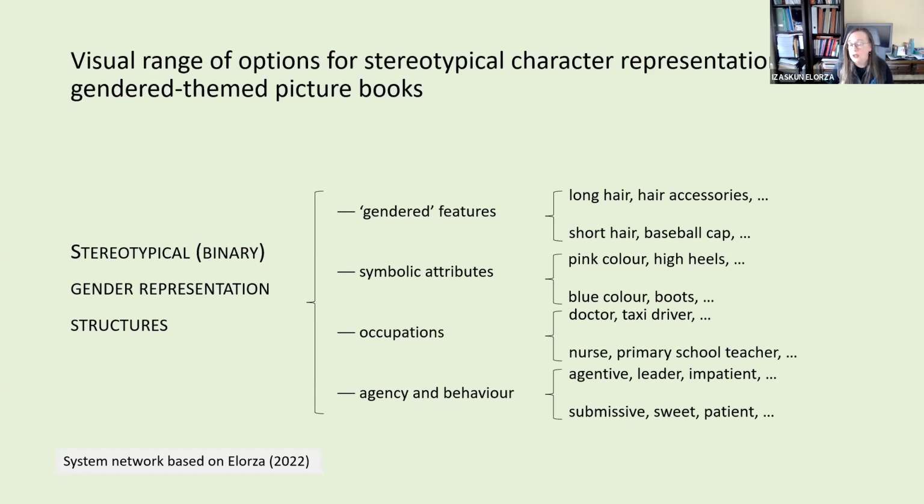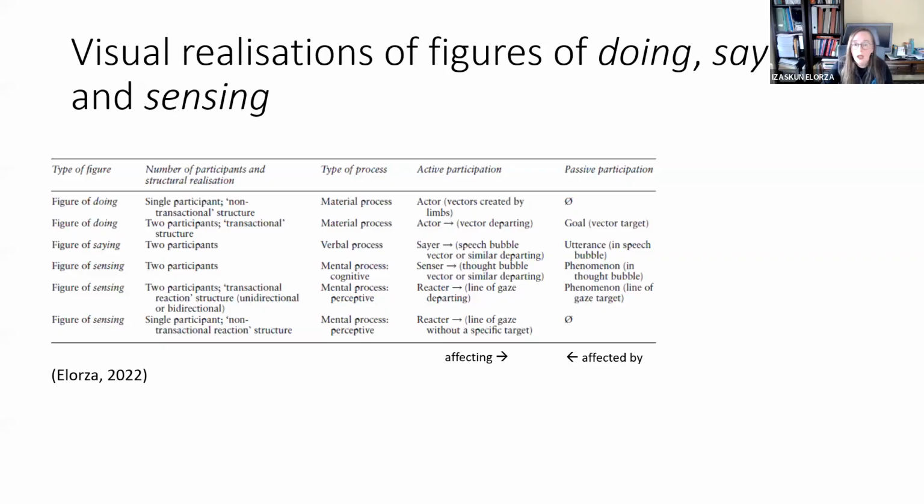For instance, if we are dealing with gender themed picture books, it's very often the case that we are going to find stereotypical attributes constructed in certain ways, and they are emphasized or consistent along the story in the construal of the character as well. Okay, so I'm skipping this. These are different ways of how the different figures of doing, saying, and sensing are construed visually.